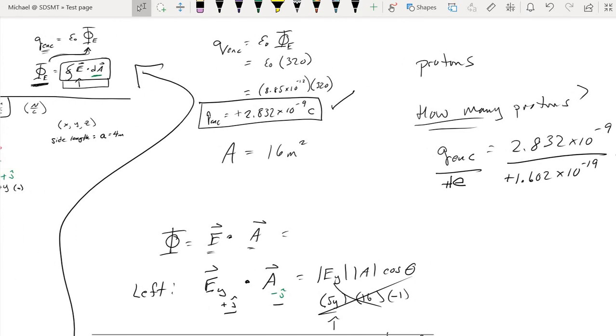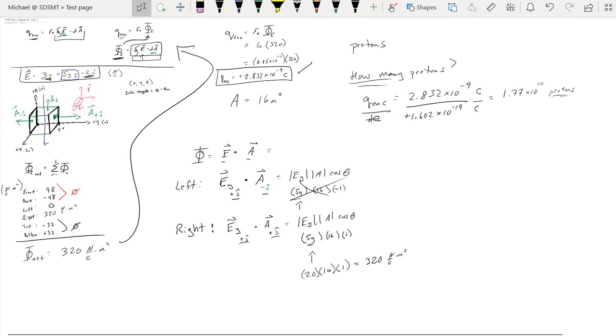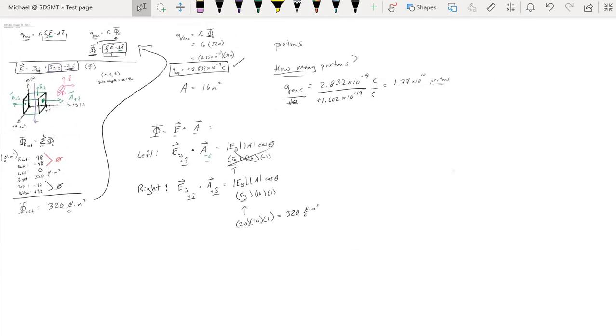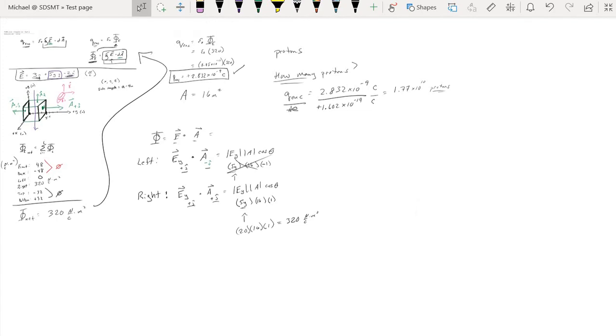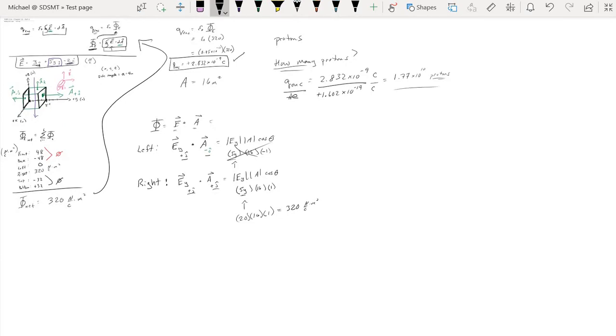And granted, it is a pretty big cube. This was 4 meters by 4 meters by 4 meters, but really, we could have made the dimensions whatever we wanted. Now, does this mean that there are no electrons inside of the cube?